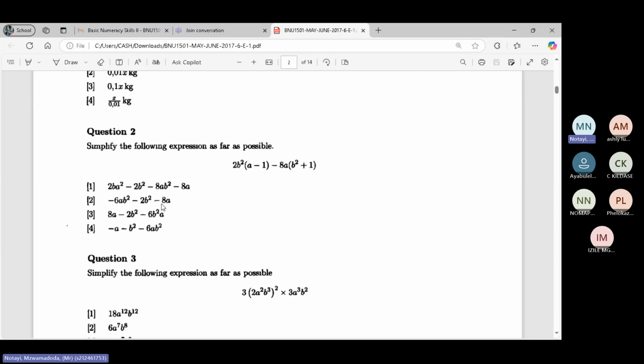Next, I have a negative 2b squared, which I got when I multiplied 2b squared with negative 1. So my correct option is the second one, because it's negative 6ab squared minus 2b squared minus 8a.